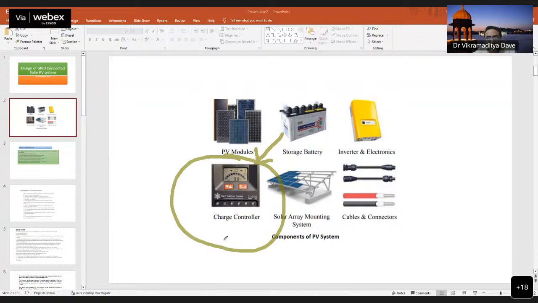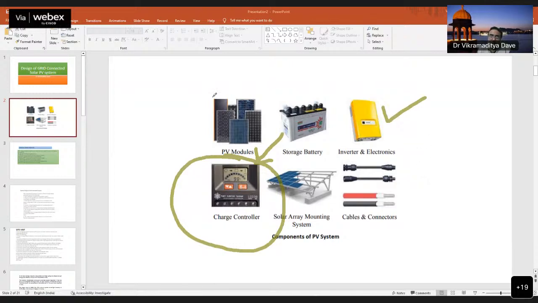Now we are talking about a grid connected system without battery. But I have still shown it so that, as an engineer, you should know the different components. Now this is the inverter, which is a very important part for either a standalone system or a grid connected system. In a grid connected system, it is mainly used. Why?